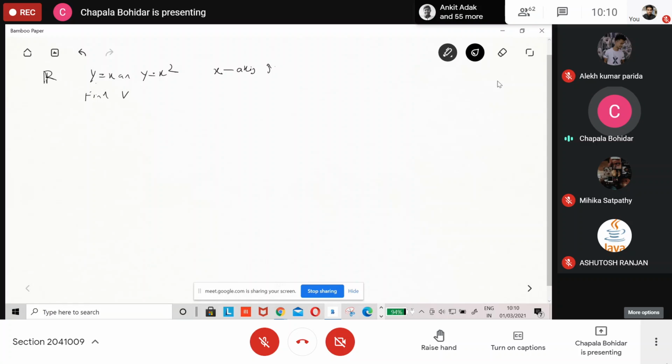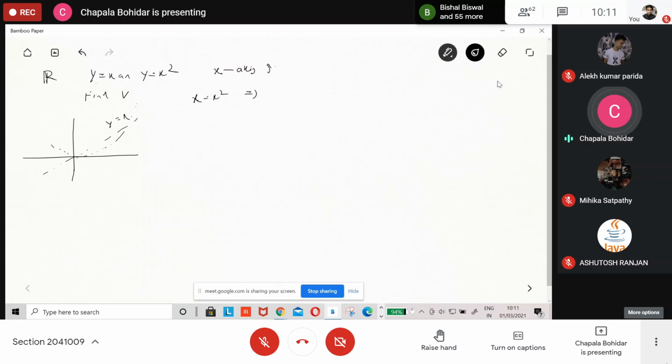So what will you do first? You have to draw the figure. y is equal to x, and y is equal to x squared. The intersection point is where x is equal to x squared.